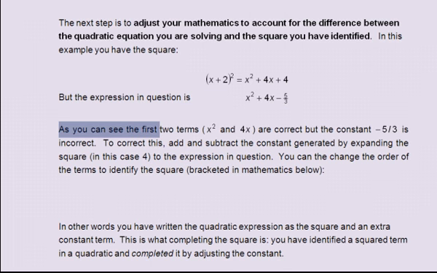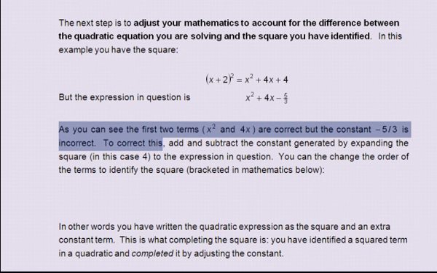As you can see, the first two terms, x squared and 4x, are correct, but the constant minus 5 over 3 is incorrect.